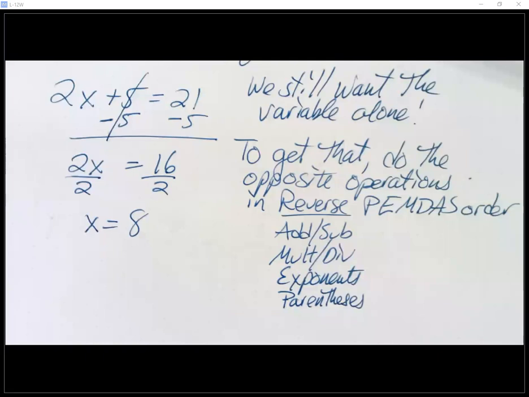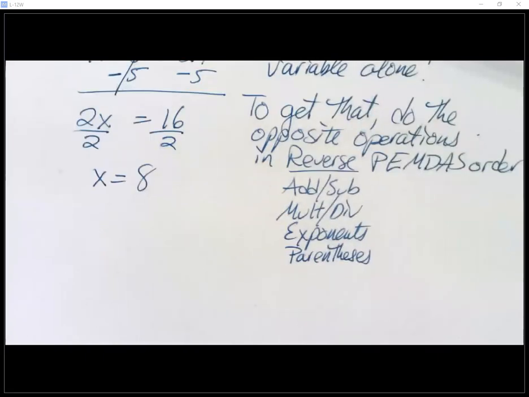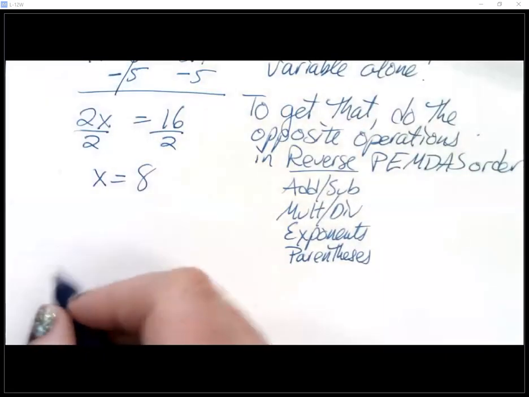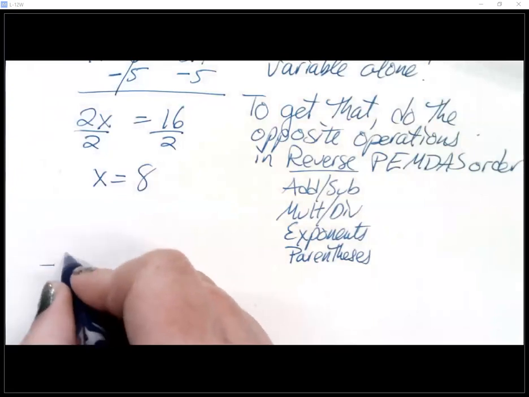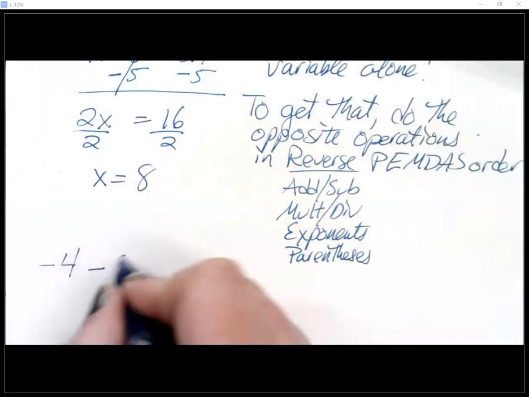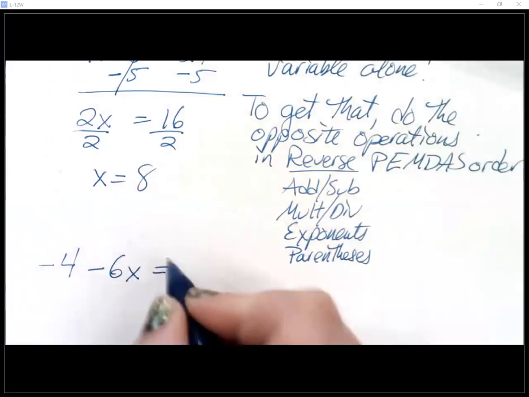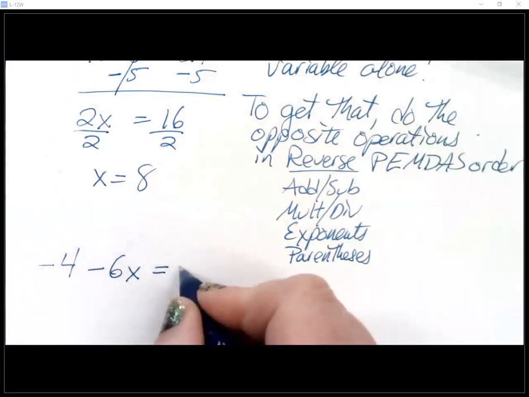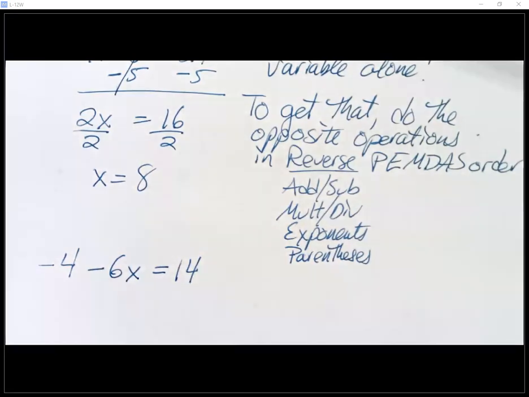Let's do something like, how about -4 minus 6x equals, oh, I don't know, how about 14? So this one, we threw some signs in there.